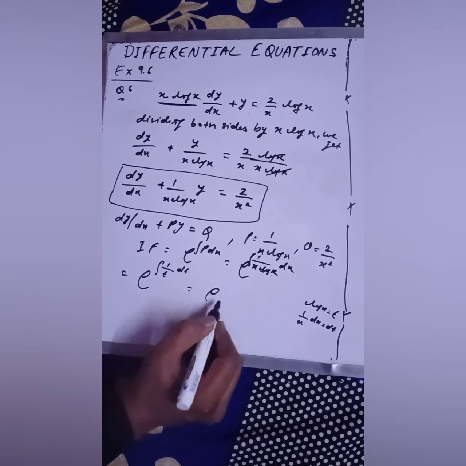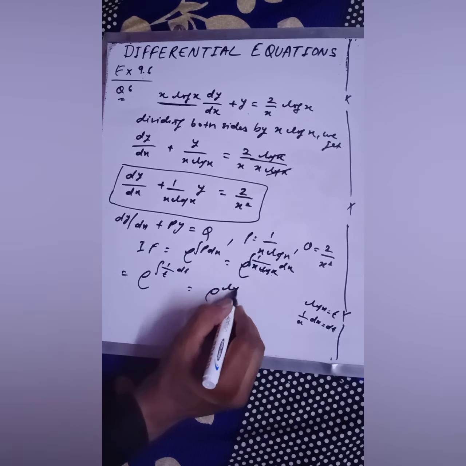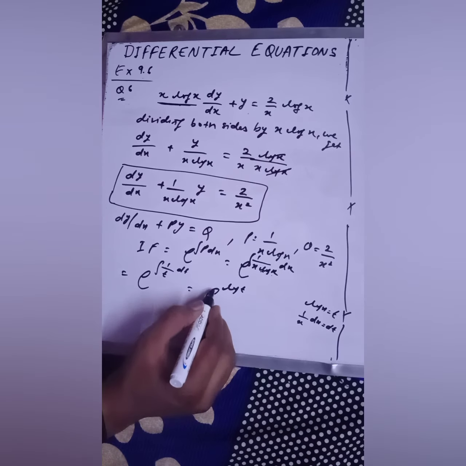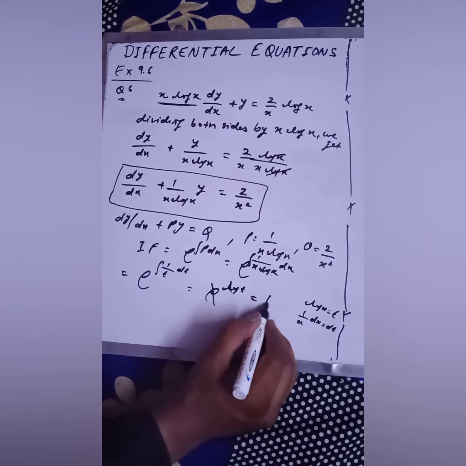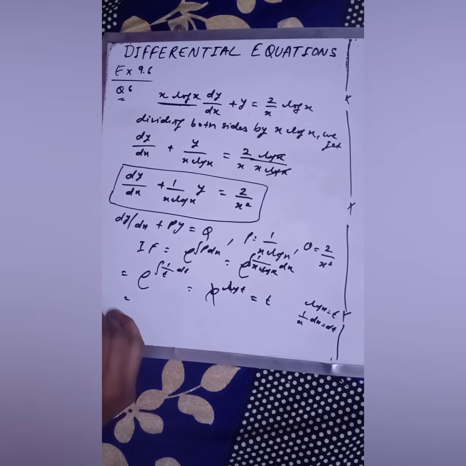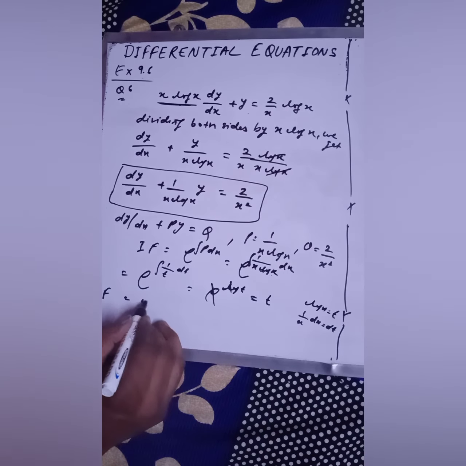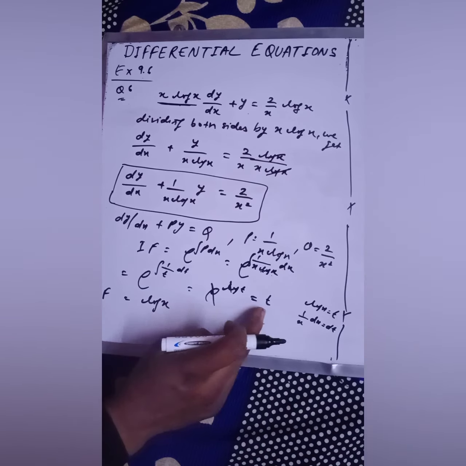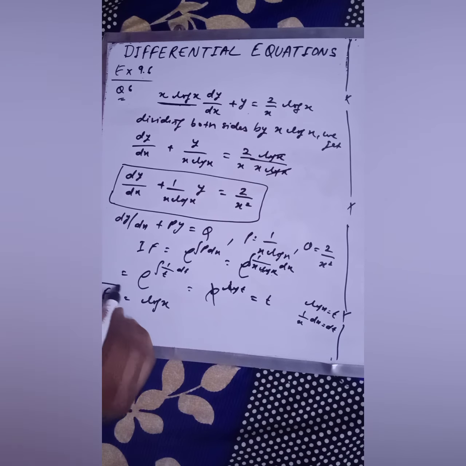So your answer would be e raised to power dt by t, that would be log t. So as you know that e and log will cancel out and you will get t only. So that means your if would be log x, because your t is log x. So this is your if.